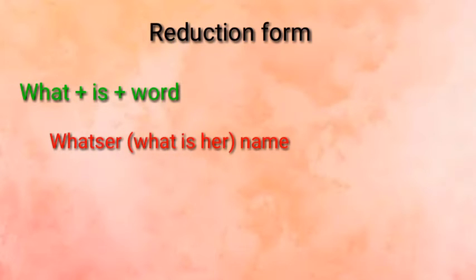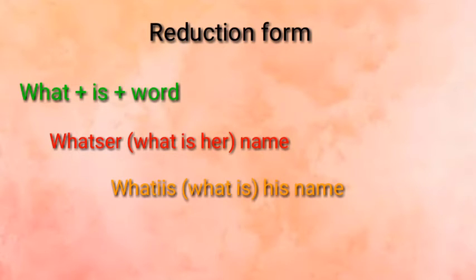The next form is when you connect what plus is, plus any word. So it's what is, what is, what's. So what is her name? What's her name? Next example is what's his name?